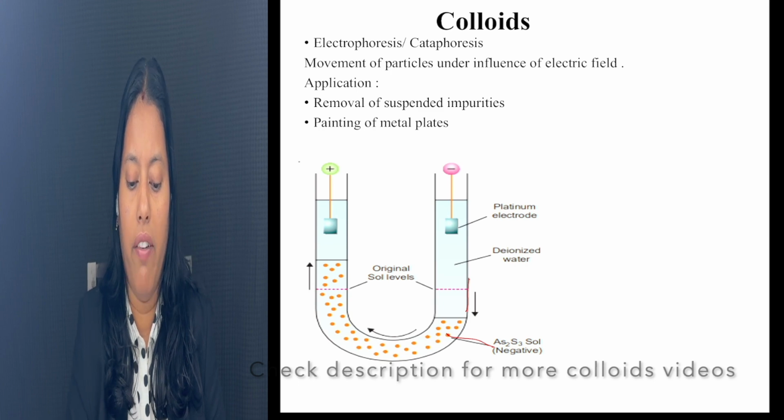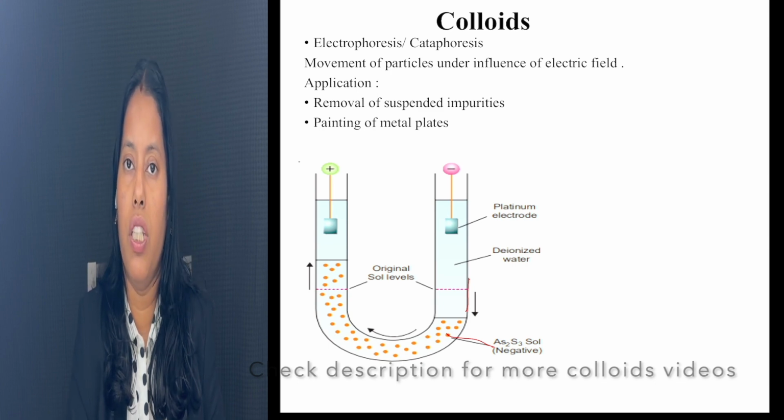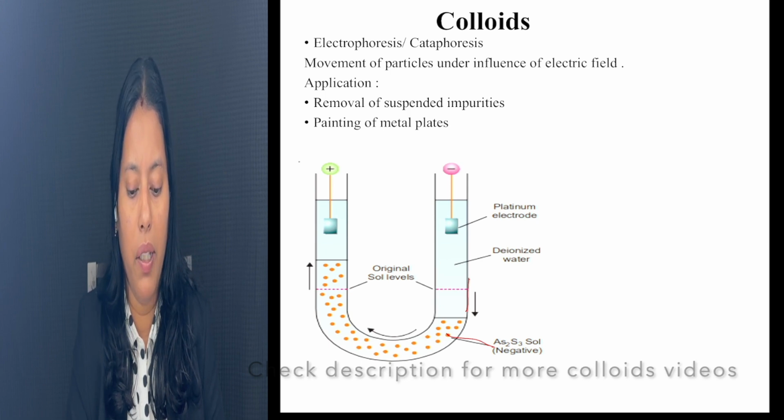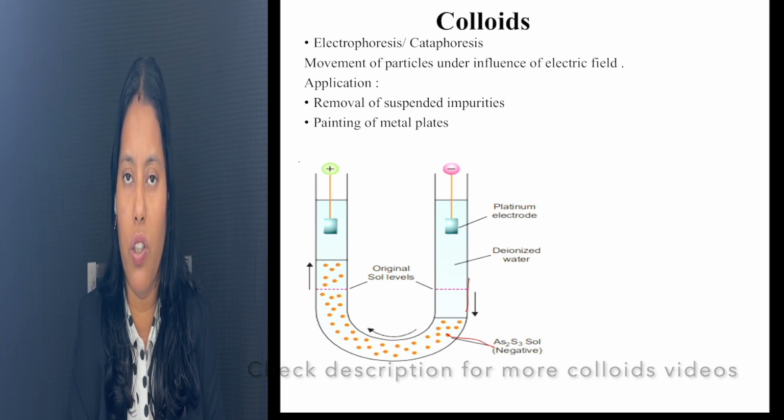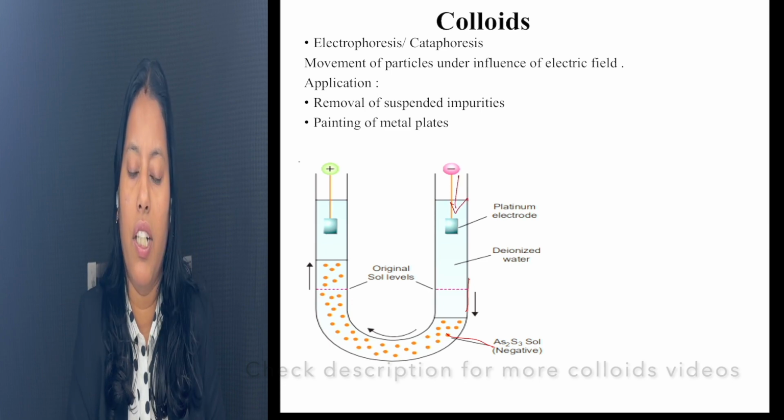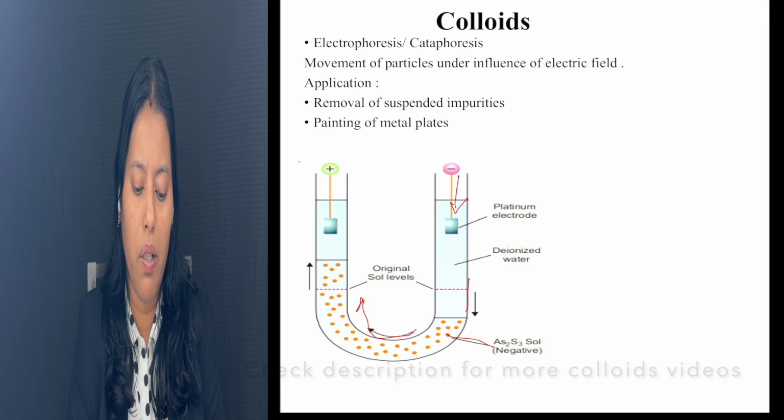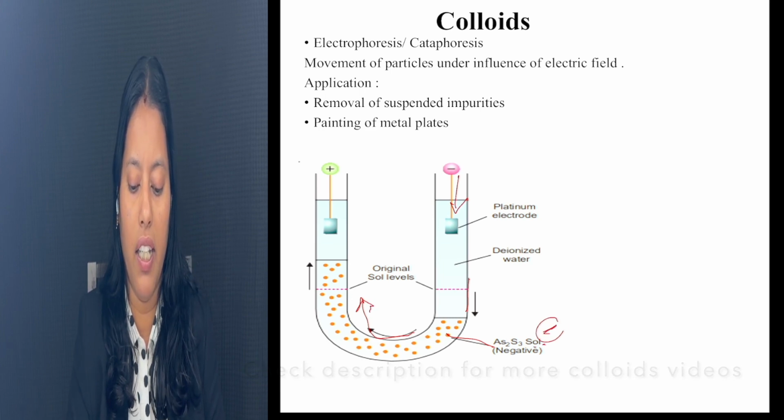You have two electrodes at the ends of the U-shaped tube, and when you apply the potential across the electrodes, it causes movement of the particles of the sol to the oppositely charged electrode. Due to this electrical potential, the particles are moving towards the positive electrode. That means this sol is carrying negatively charged particles.